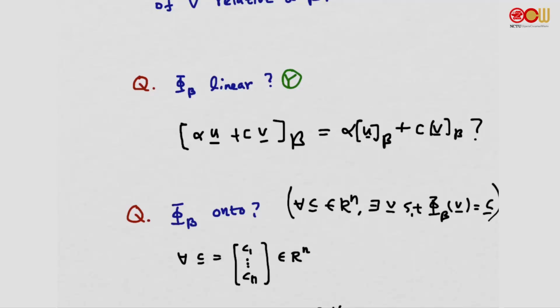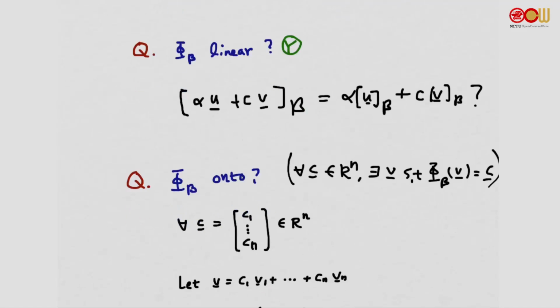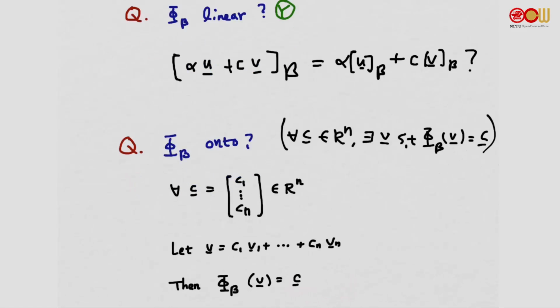For any C vector in Rn, let's use the coefficients in the C vector as linear combination coefficients to linearly combine the V vectors. Then the coordinate vector will be the C vector. So yes, phi B is onto.